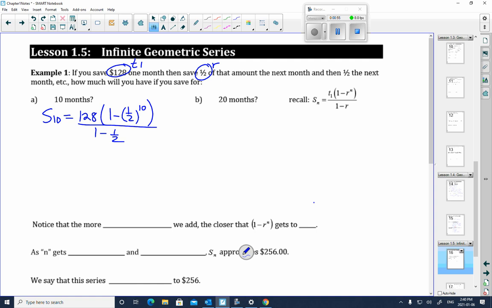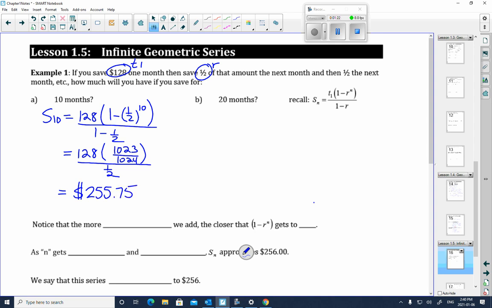I'm going to do a little bit of calculator work to figure out what 1 subtract 1 half to the power of 10 is, just to show you the intermediate stuff. And I get 1,023 over 1,024, and that is divided by a half. So I punch that in, and I get $255.75.